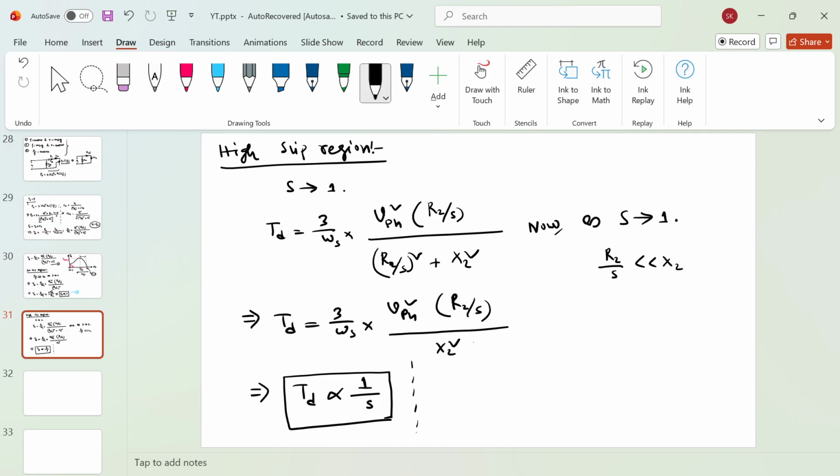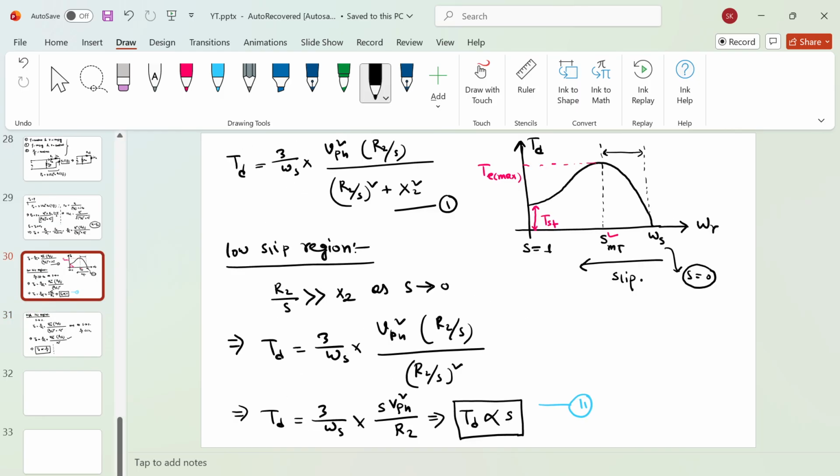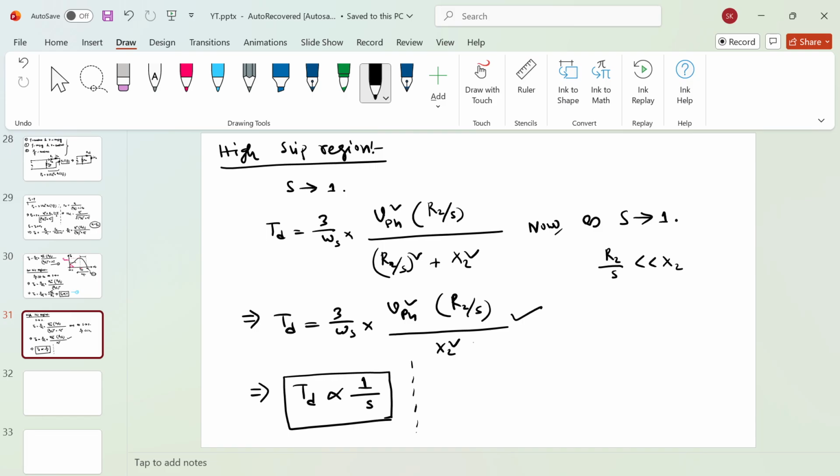This equation is valid for the high slip region, which is basically this zone, the starting zone. At starting, your slip is 1.